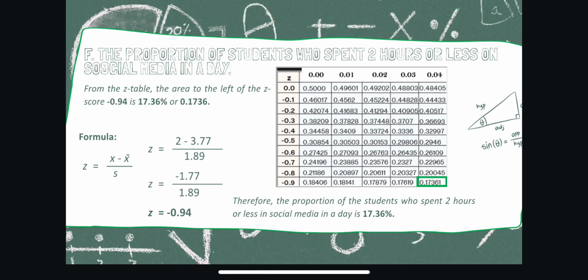This means that approximately 17.36% of the students are expected to spend 2 hours or less on social media per day based on the normal distribution model. In interpretation, this indicates that only a small portion of the students spend a relatively low amount of time on social media compared to the overall average usage of the group.